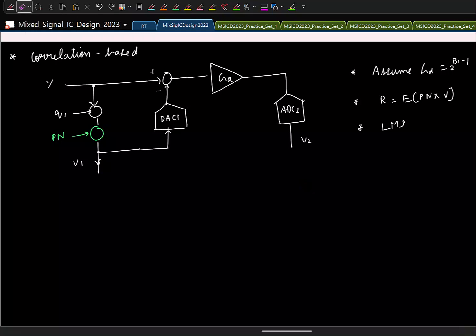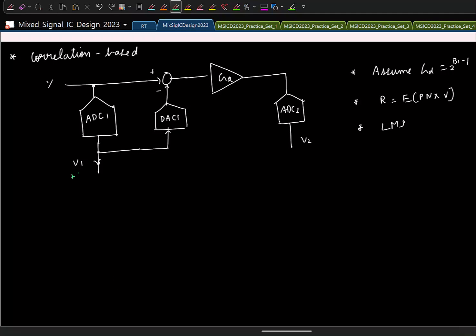So now here a couple of things to figure out. Remember that this is now an ADC. So let me replace it with an ADC. I want the PN sequence to be added to the output of this guy. So where can I inject the PN sequence?